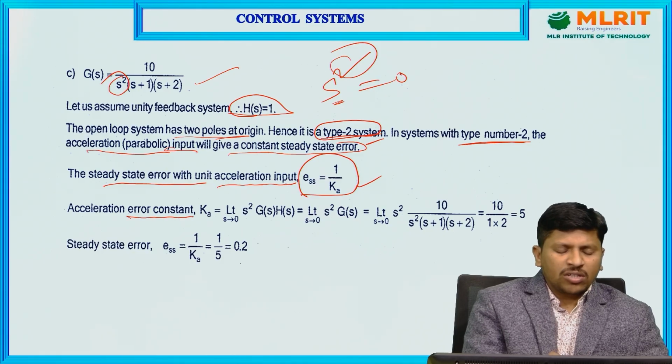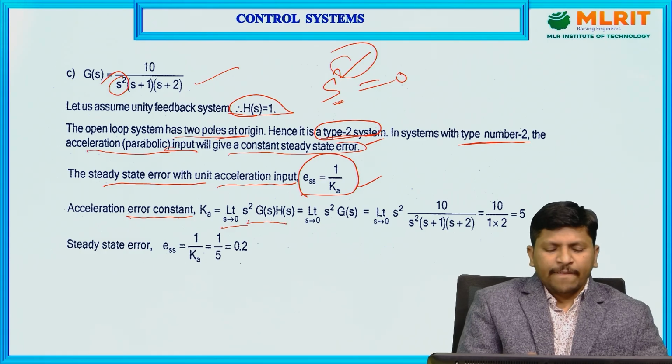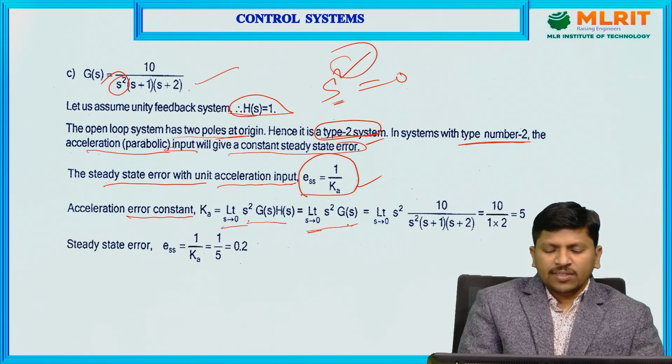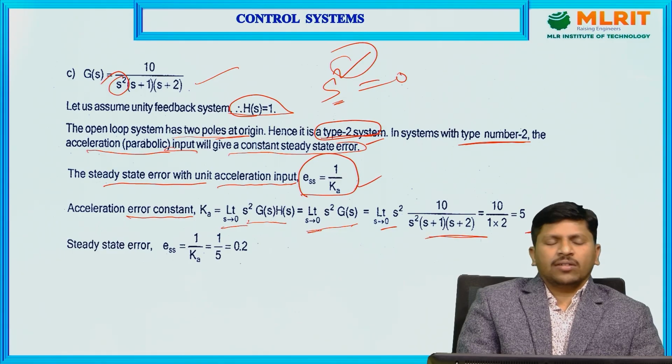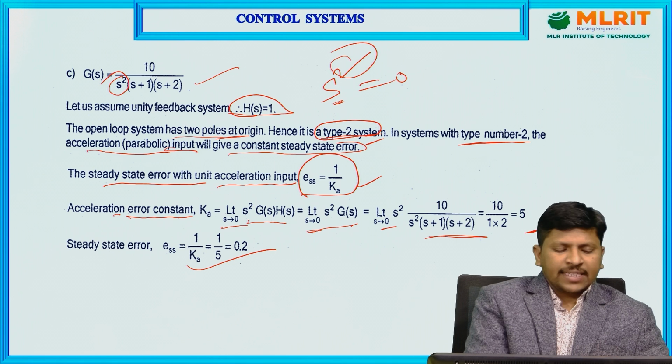The acceleration error constant Ka equals limit s tends to 0 of s square into G(s)H(s), with H(s) equals 1. So s square into G(s), limit s tends to 0, just substitute and you will get 5. So this is the 5, that is the acceleration error constant.